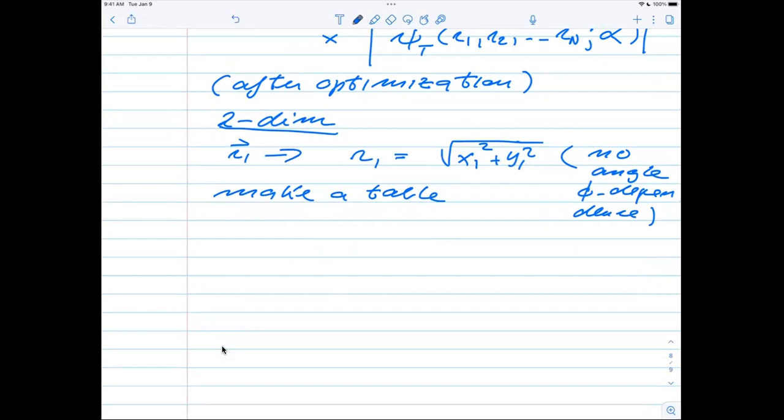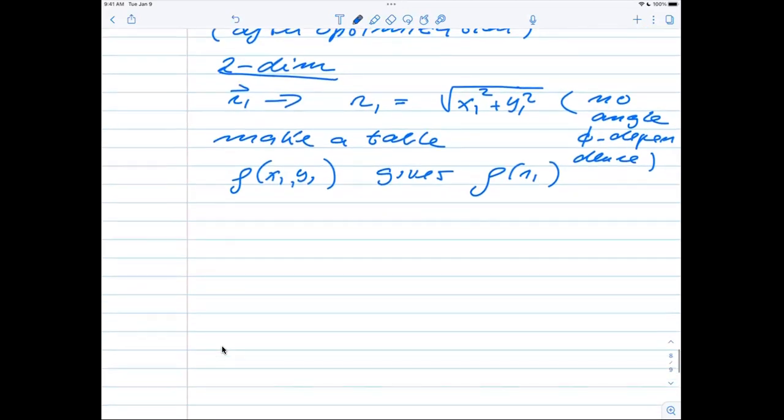So we would simply calculate x1 and y1. So we set up such a table, and this is going to give us the radius R1, by simply squaring these 2 quantities. So what we would plot then would be something like this, and this is the way this could look.